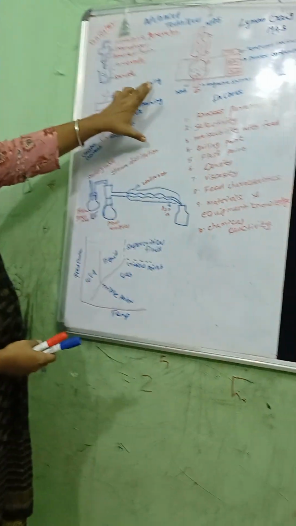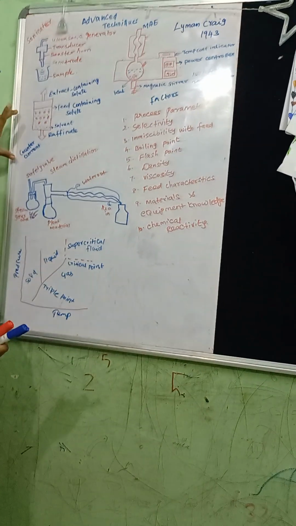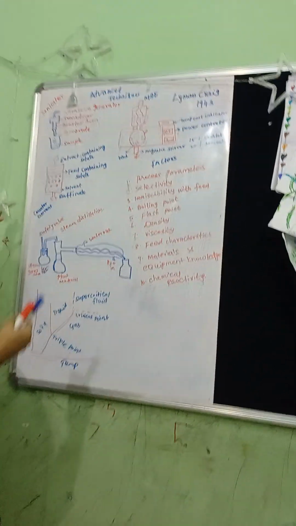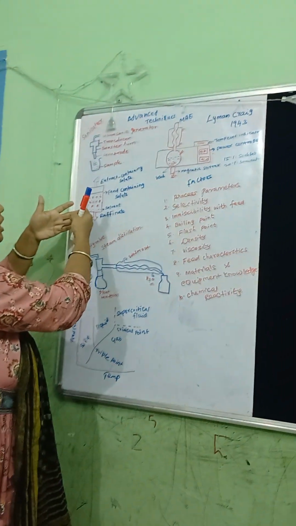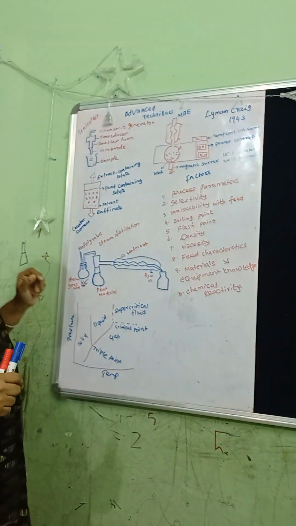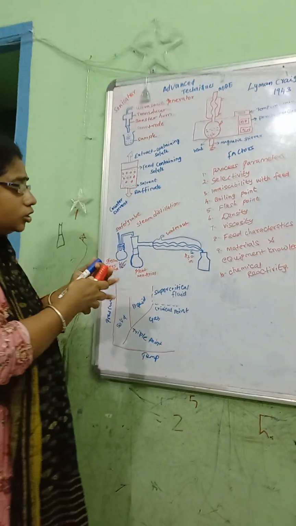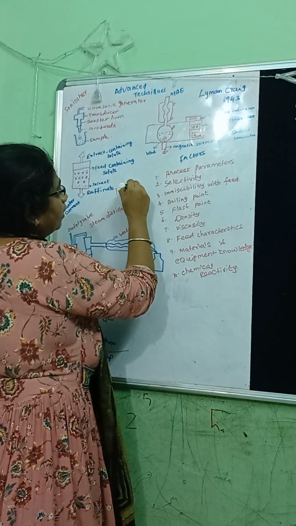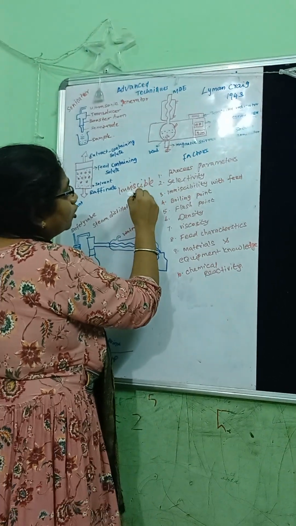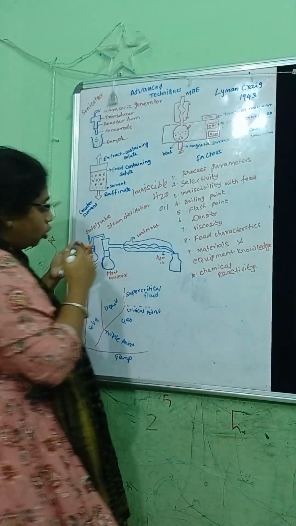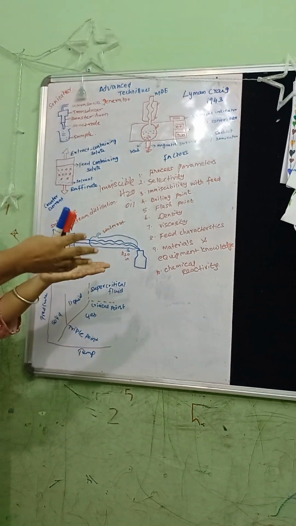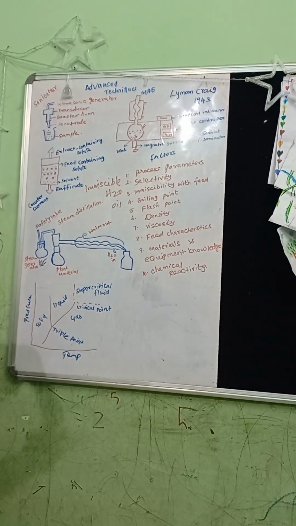This extraction technique is called counter current. Why is it called counter current? Because the streams flow in different directions. The best example is two immiscible liquids. What are immiscible liquids? The best example is water and oil, because the two liquids will not dissolve together. The oil will be in a separate condition, and the water will be in a separate condition.